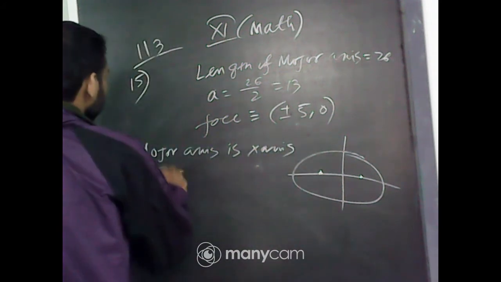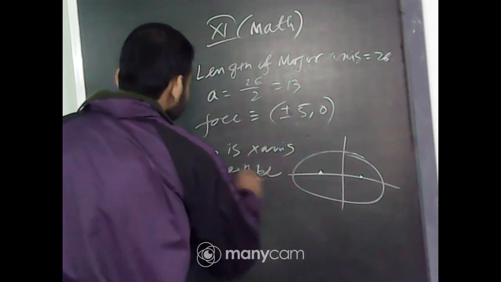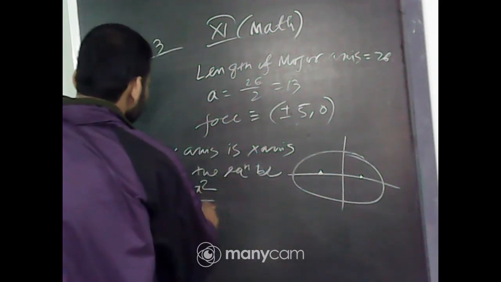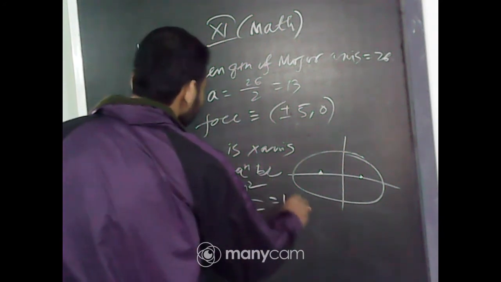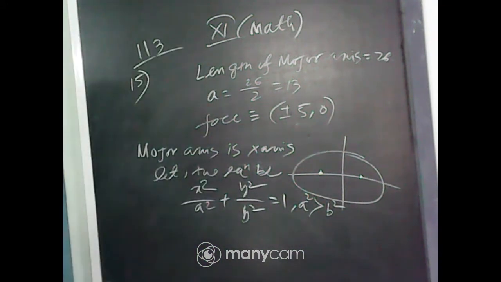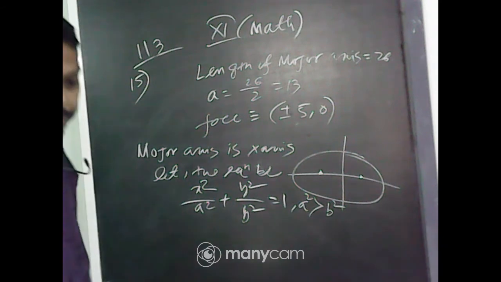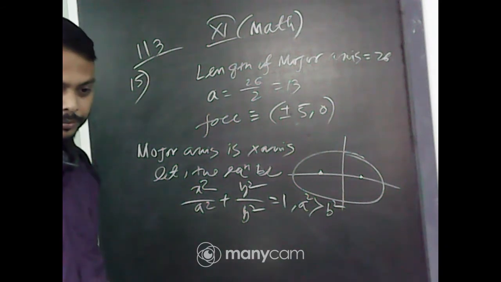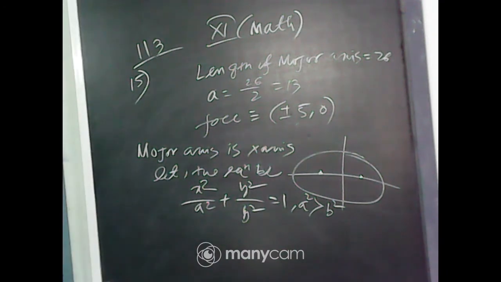So let the equation be x square by a square plus y square by b square equals 1 with a square greater than b square. Isn't it? We already got the value of a, just find the value of b.